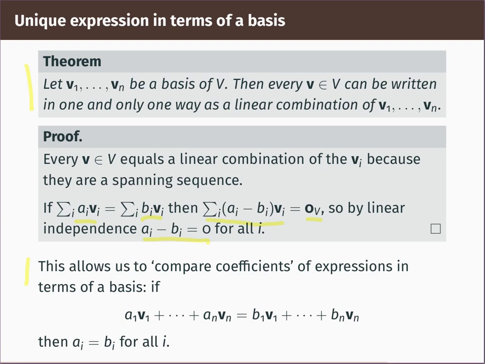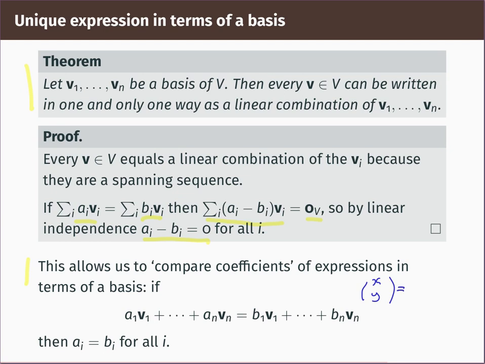So this is telling you that when you have a basis for a vector space, you can use that as a kind of system of coordinates for elements of that vector space. What I'm talking about here is easiest understood if we think about a simple example like R squared. If you have elements of R squared, like (x, y), then sometimes people say x and y are the coordinates of that vector.